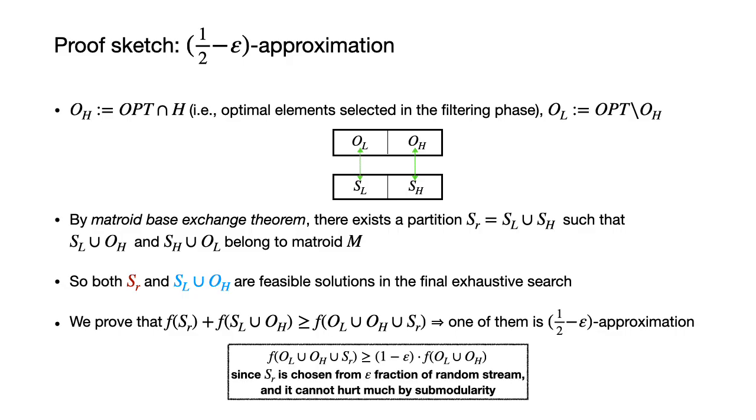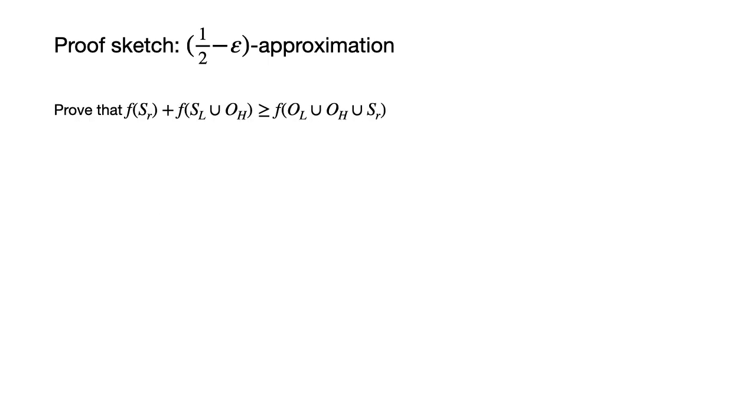Specifically, this is because the value of OPT union SR is at least 1 minus epsilon times the optimal value. This follows because SR is chosen from the first epsilon fraction of the random string, and therefore it cannot hurt the optimal solution much by submodularity. So it suffices to prove this inequality.